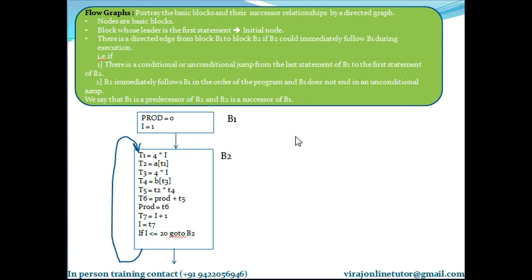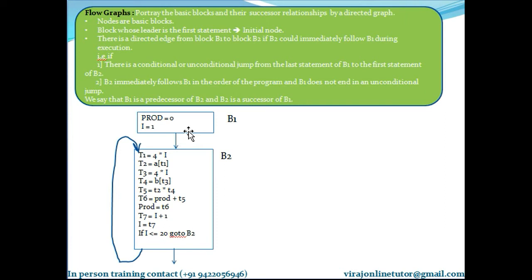The block whose leader is the first statement is the initial node. So over here, B1 is the block whose leader is the first statement of the program, so B1 is my initial node.